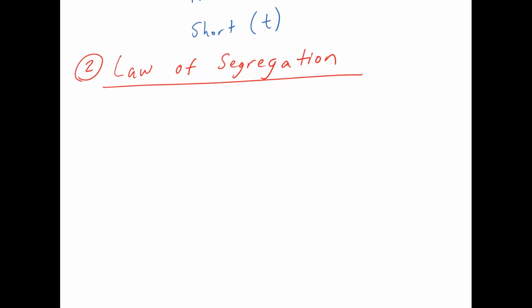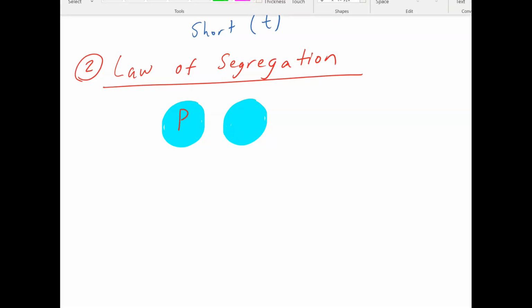So one parent in this example might have the allele for purple, which we are utilizing as big P, but they may also be a carrier for the allele for white, which is a little p. I'm doing this to show you the difference between the two. Hopefully you can see the size difference there.